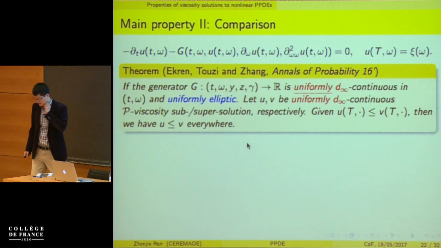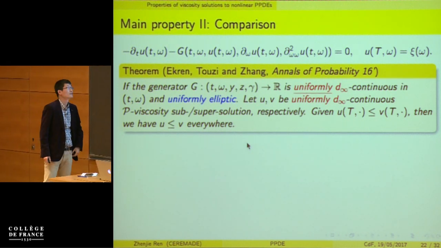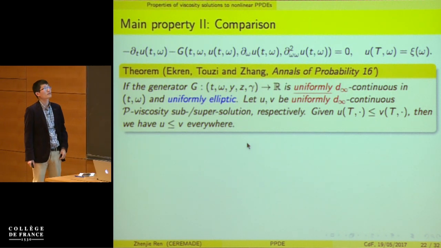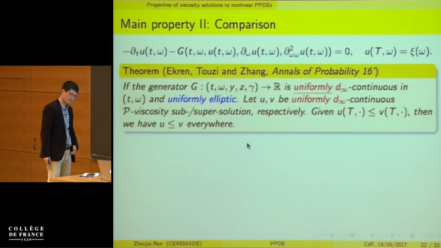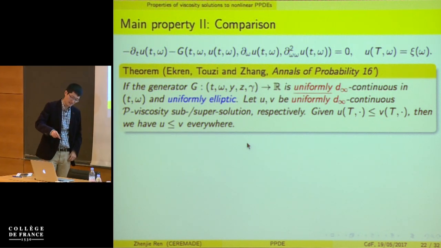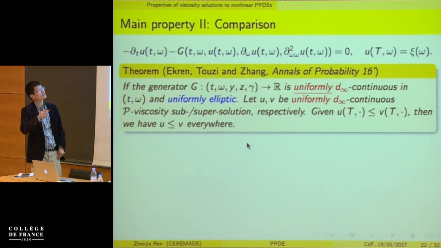And then of course it's about comparison. It's very important for the viscosity solution. In the paper of Ekren, Touzi, and Zhang, which is the first paper in this literature on the comparison for fully nonlinear path-dependent PDE, they prove such a result.